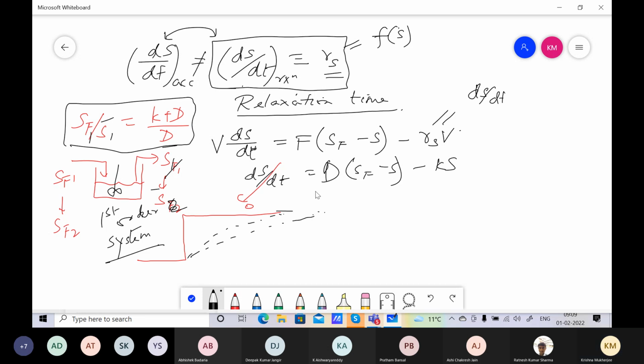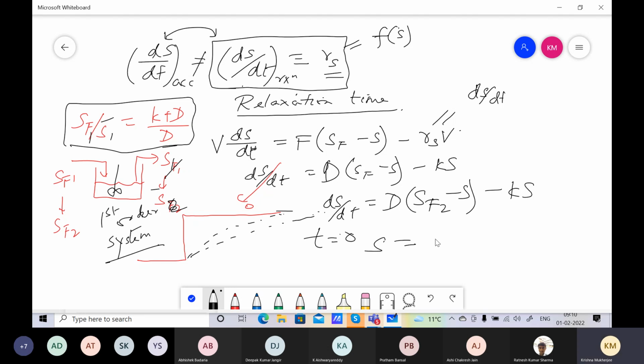Can you tell me? Essentially you will write dS/dt is equal to D(SF2 minus S) minus KS, and of course S at time t equal to 0 is equal to S1 bar.